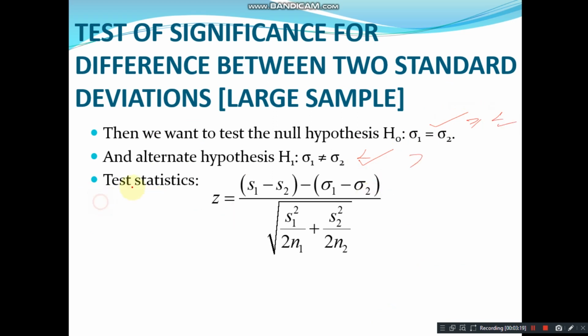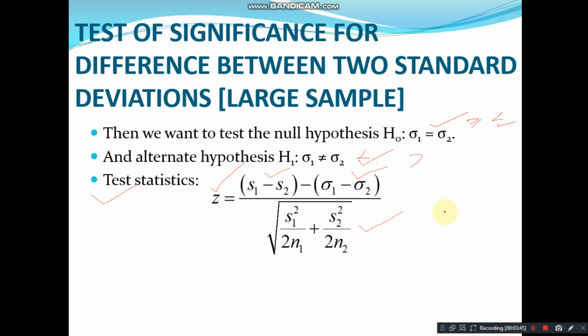Accordingly the test statistic, because it is a large sample, we take the standard normal distribution and the corresponding variable z: the difference of the two sample standard deviations minus the difference of the two population standard deviations, divided by the standard error. This is the square root of S1 squared by 2n1 plus S2 squared by 2n2.